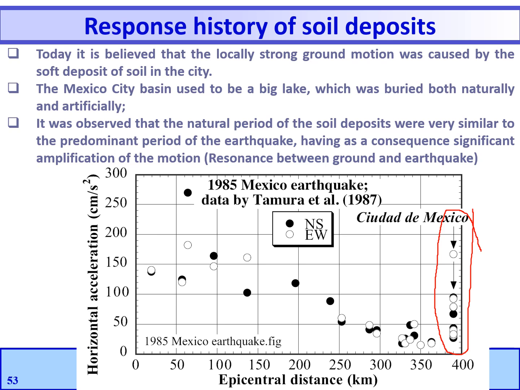As you can see in the graph, at around 400 kilometers distance from the epicenter, where the city of Mexico is located, there is a sudden increase in the horizontal acceleration components, but as we said, it is reasonably attributed to the resonance between the ground and the earthquake.